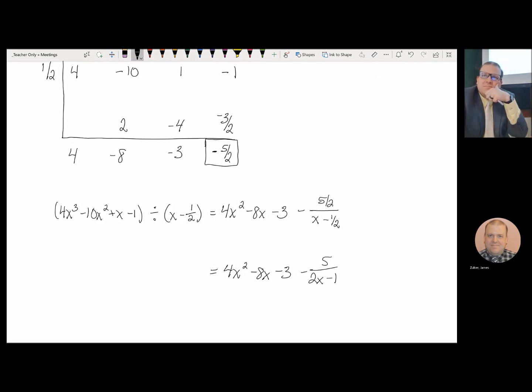Is there going to be a fraction? Could we do another example of one that isn't already in the synthetic formula? You want to do a long division?